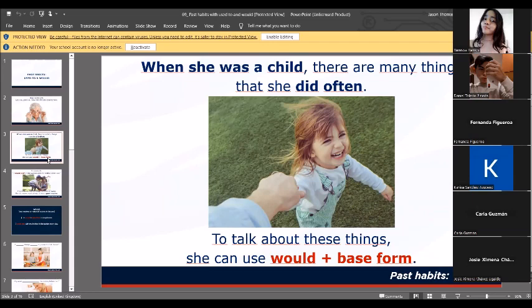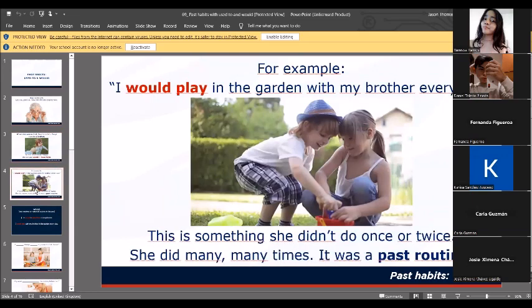To talk about these things, she can use would plus the base form. For example, I would play in the garden with my brother every day.